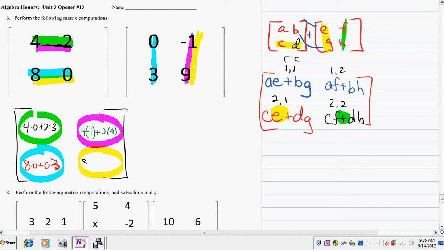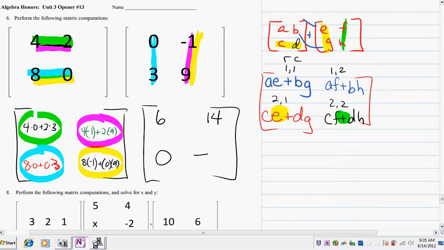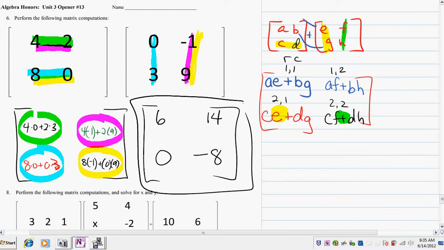And that is 8 times negative 1 plus 0 times 9. So my result then is 6 here. I have negative 4 plus 18, which is 14. I have 0 here, and I have negative 8 here, and this is the result of the multiplication. So take these slowly and see if you can follow the process.